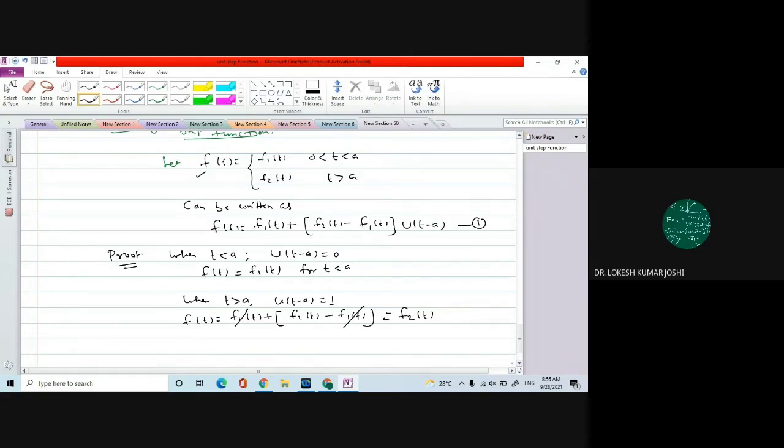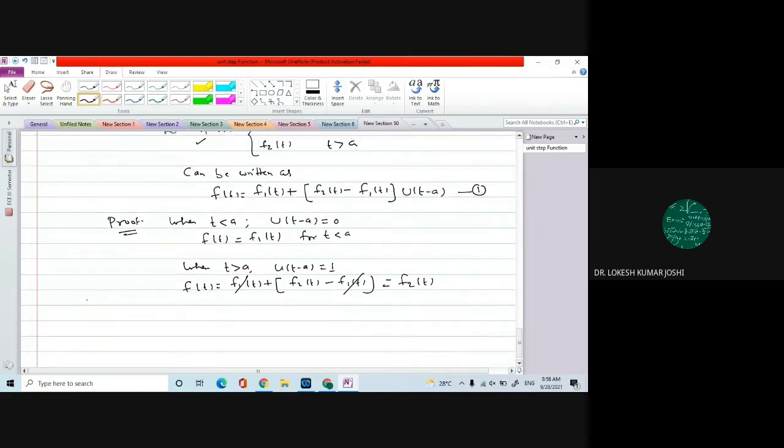In general, if we have more than two functions, then note down the statement.